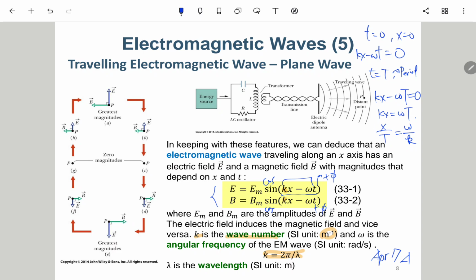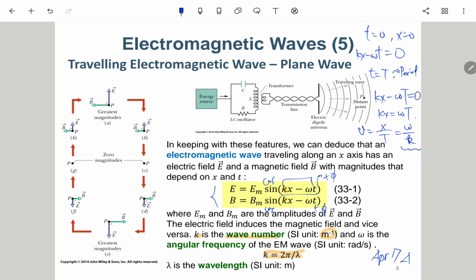Okay, so x is somehow like the distance, and T is the period, the time. So the displacement over the time will be a velocity. In that case, this velocity will be omega over k, because we don't want the phase to change. It's like the phase is moving along the x-axis.